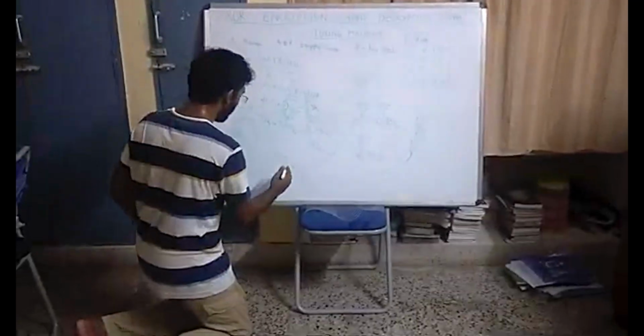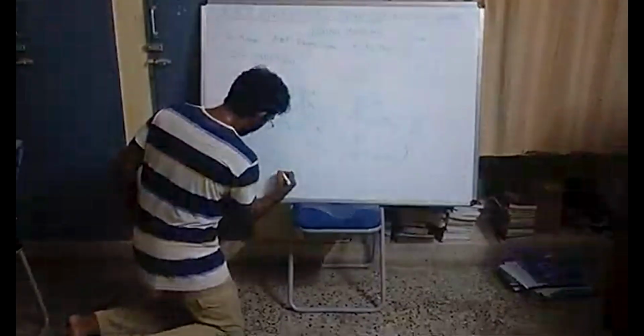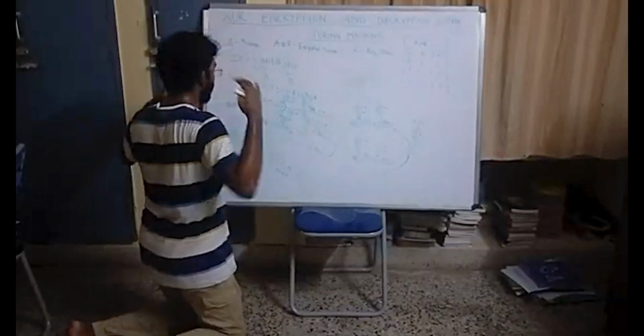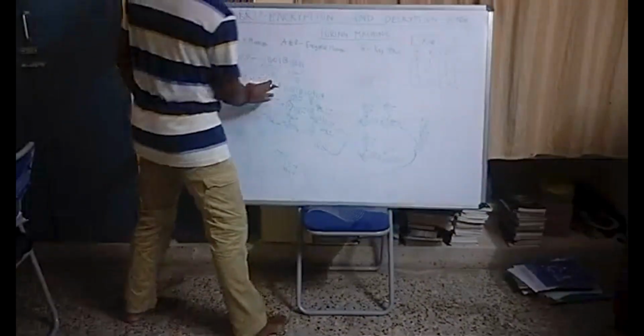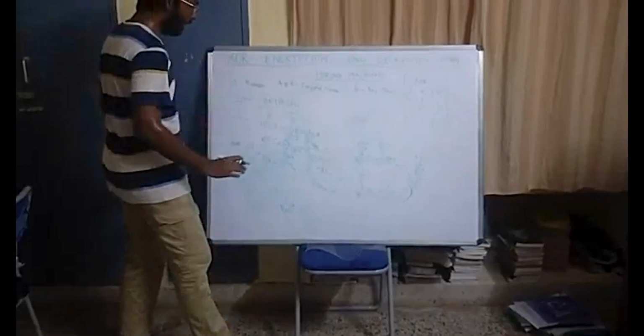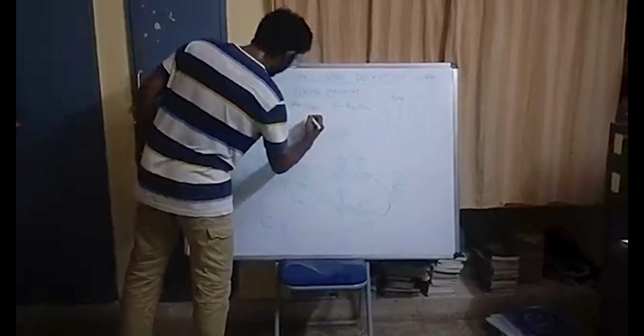So this is what happens. As you can see, after this whole process happens, the input message and our key would have been shifted to P's and R's.